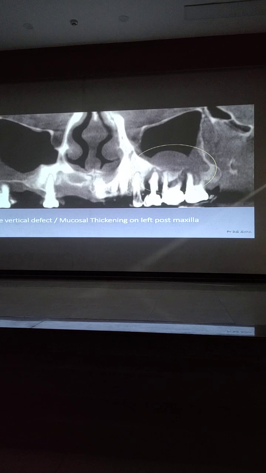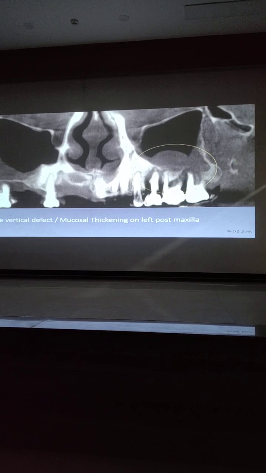It's another case. You can see the mucosa thickness change on both sides. So this patient wanted me to do sinus augmentation here first. He wanted to save his teeth for mastication.